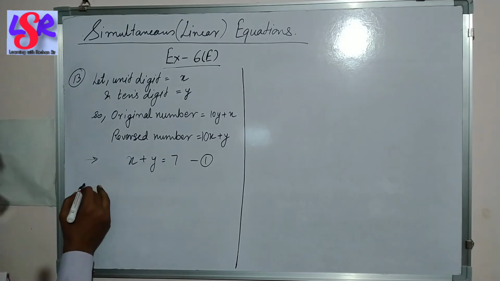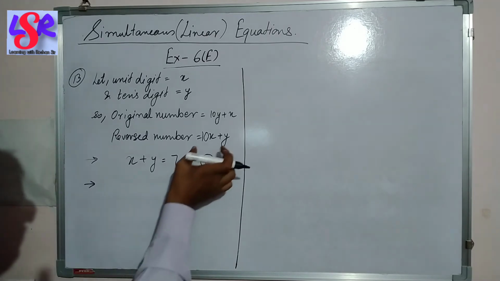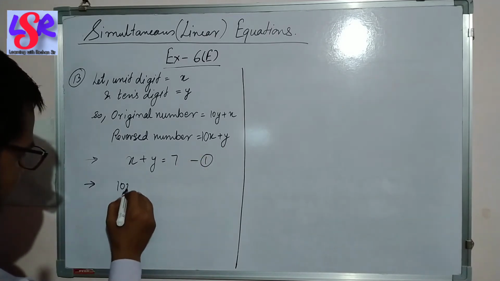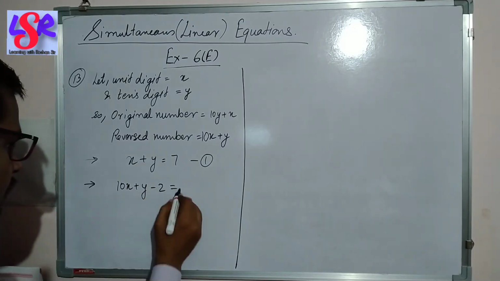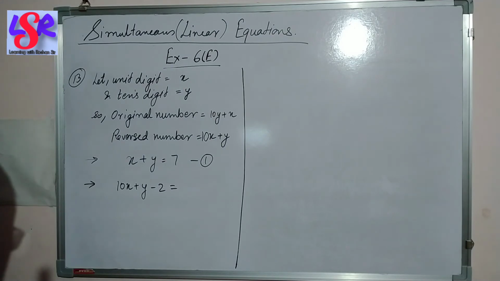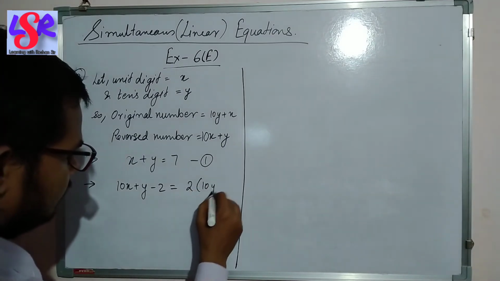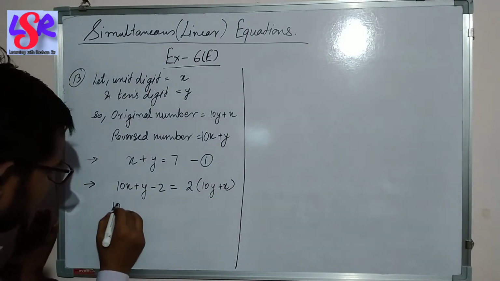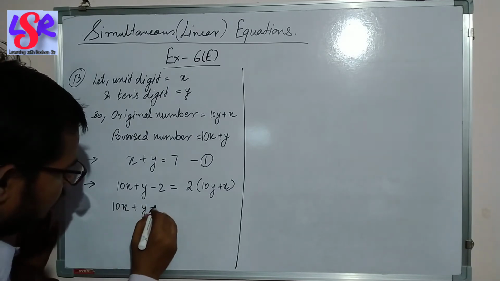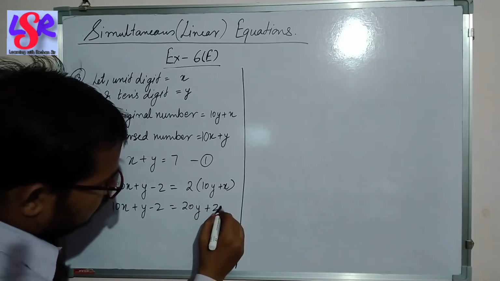And for the second equation, it has been given that if the digits are reversed, the new number decreased by 2 equals to twice the original number. Reverse number, that is 10x plus y, decreased by 2, minus 2 equals to twice the original number, that is 2 into 10y plus x. Now we are going to solve it and this will become 10x plus y minus 2 equals to 20y plus 2x.